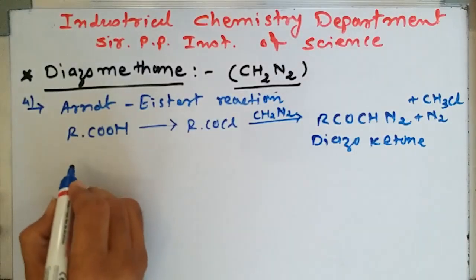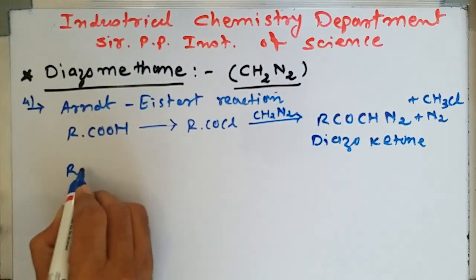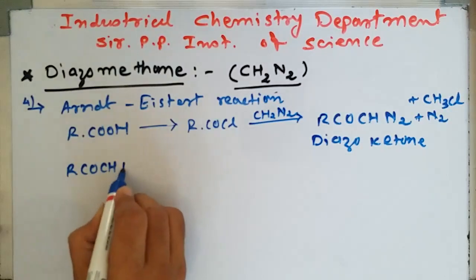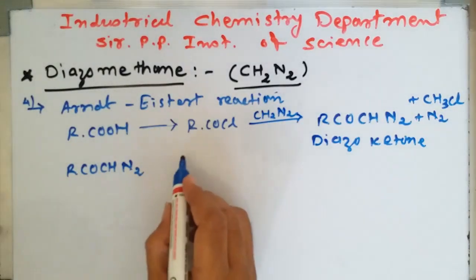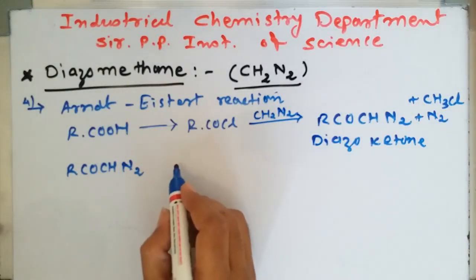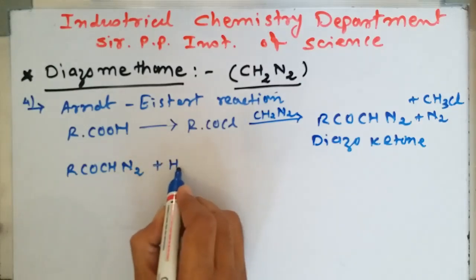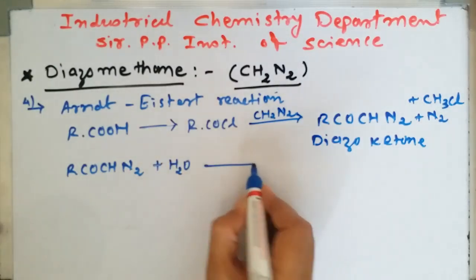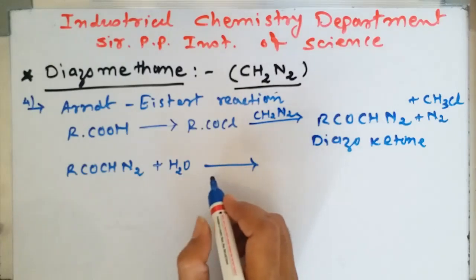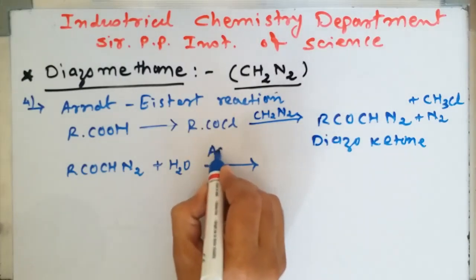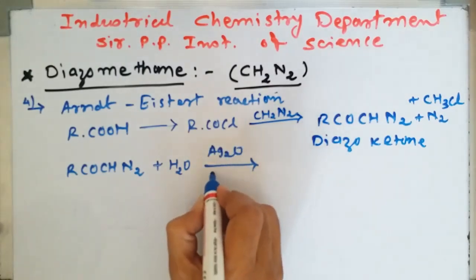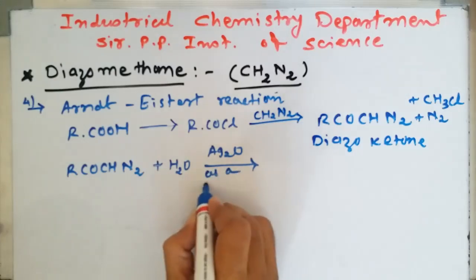Diazoketone is an intermediate step. Now this diazoketone RCOCHN2 is treated with H2O in presence of silver oxide, Ag2O, as a catalyst.